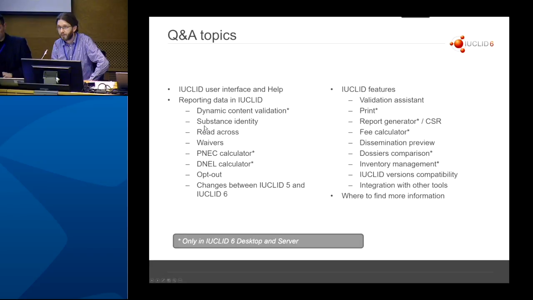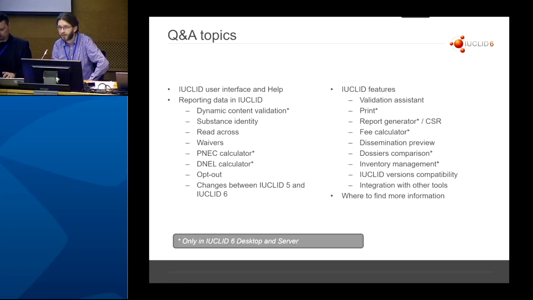If you want also, we can go into more details into substance identity and how to provide it, how to provide, for example, the boundary composition to define this substance identity definition that is agreed at the CIF level. We can also explore how to report read across in Euclid, how to report waivers. There are also additional features that are used to add data to Euclid.